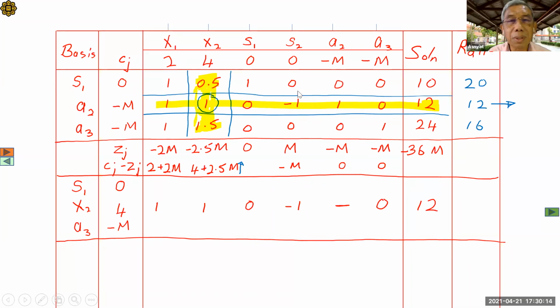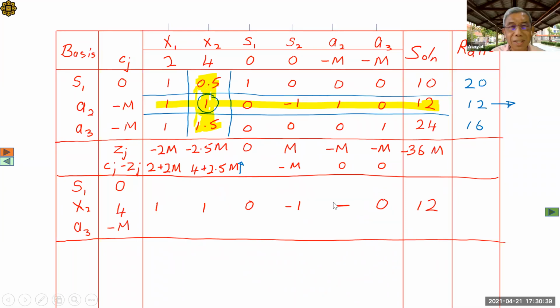The right side of the negative 1. The dash. 1, 1, 0, negative 1, and then the dash.